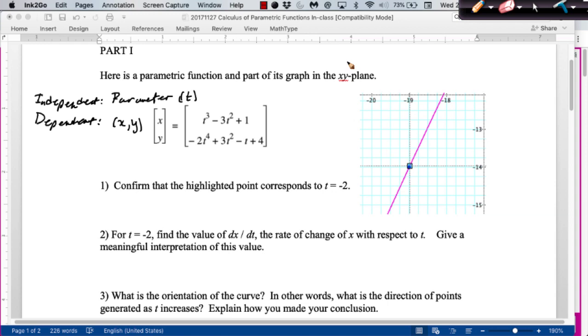So this is the x-axis here. We've got negative 20, negative 19, negative 17, and then negative 15, negative 14, negative 12. So x-axis, y-axis.